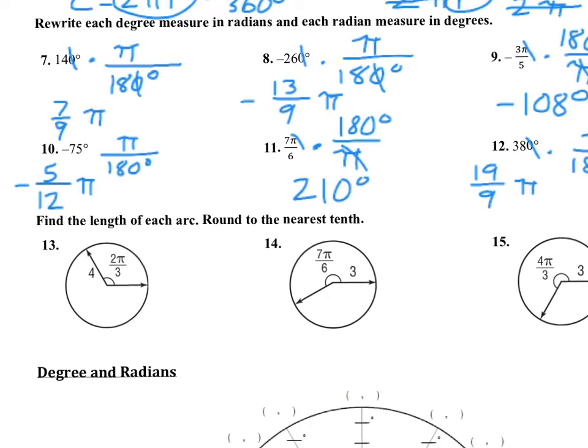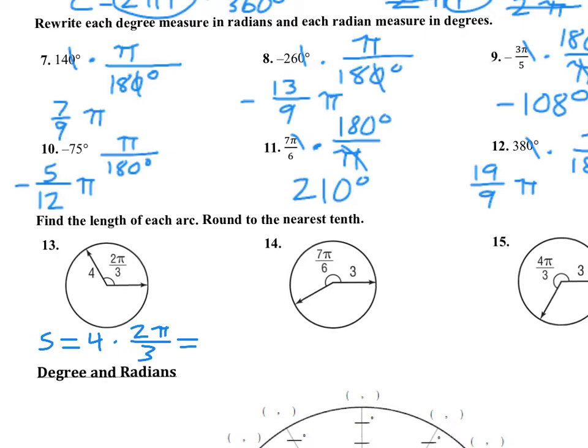Alright, so for number 13, all we do is, and I'm not sure why they use S for arc length. So S equals, we take the radius times the angle in radians. It says round to the nearest tenth, so we want to use a calculator.